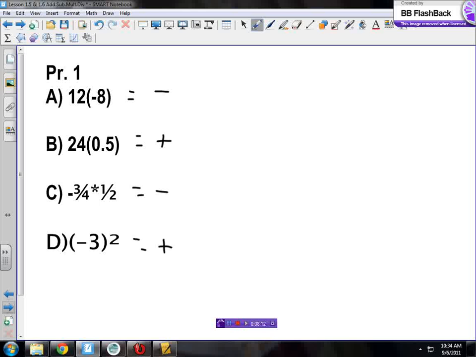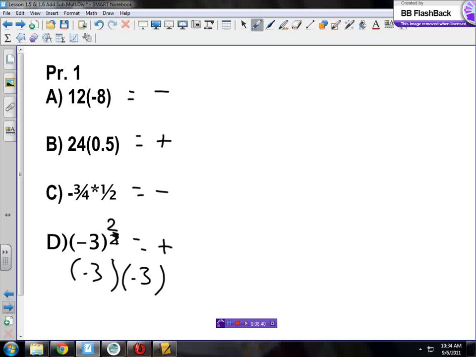What's negative 3 squared? My font isn't very good, but that 2 is supposed to be an exponent, a squared, like a little number up there. So that means negative 3 times negative 3, same sign, positive answer.